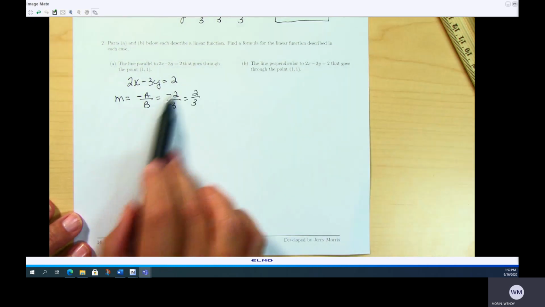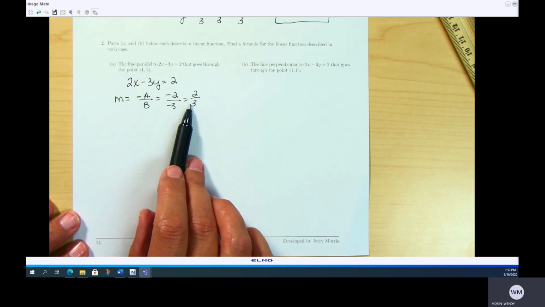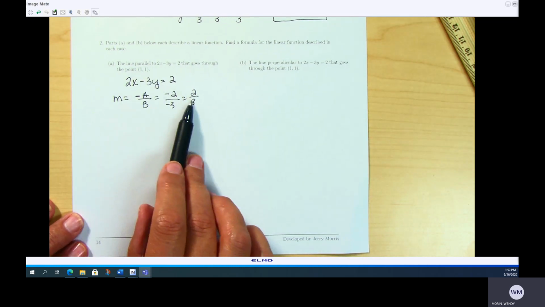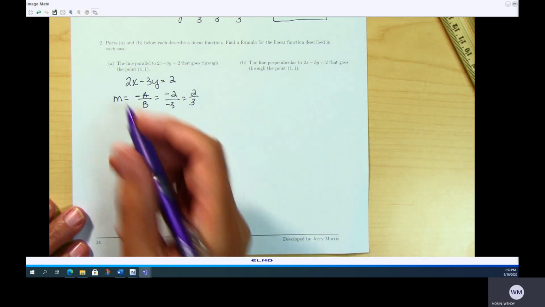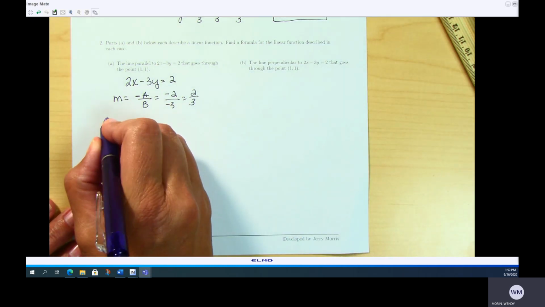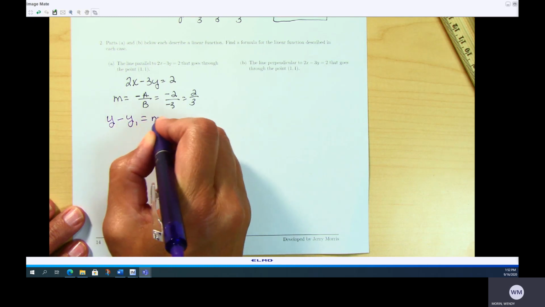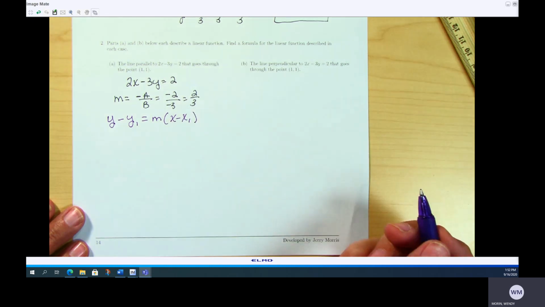So in this problem, I have a point and I have a slope, but I don't have the y-intercept. So on this one, you should use the point-slope formula, which, just as a reminder, is y minus your y value equals your slope times x minus the given x value.